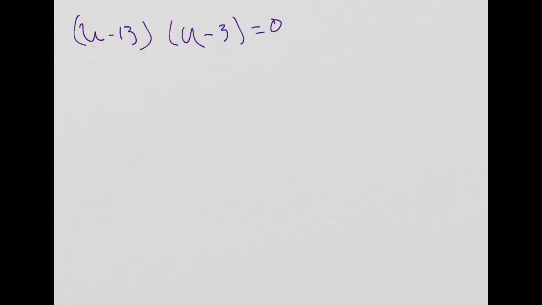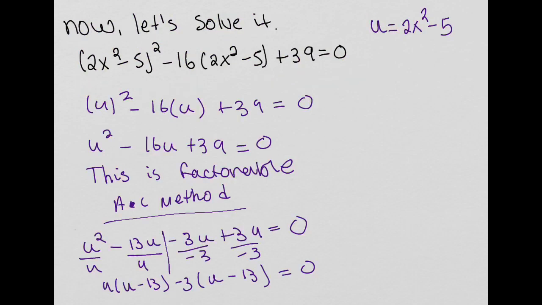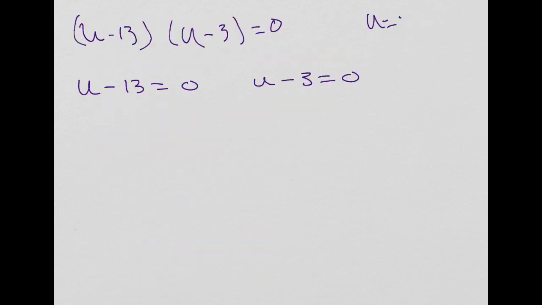Now, we are going to have u minus 13 equals 0 and u minus 3 equals 0. Now, what do we know? We know that u is 2x squared minus 5. So why don't we go ahead and substitute the value of u?